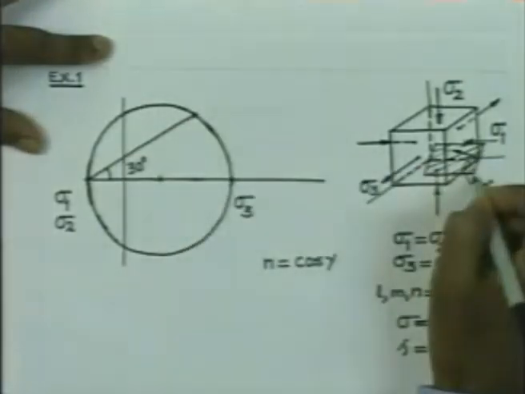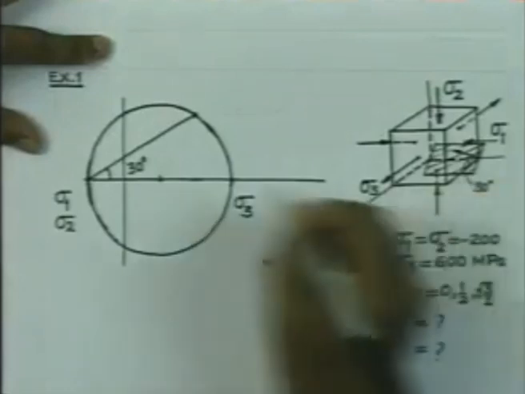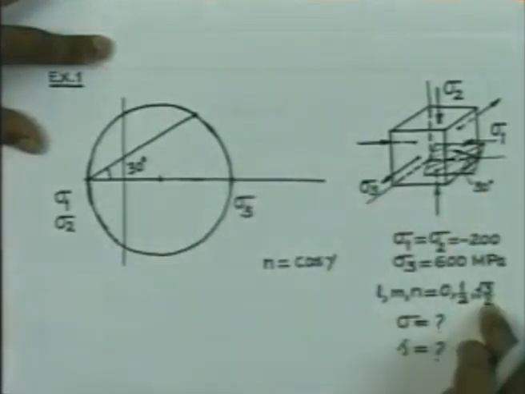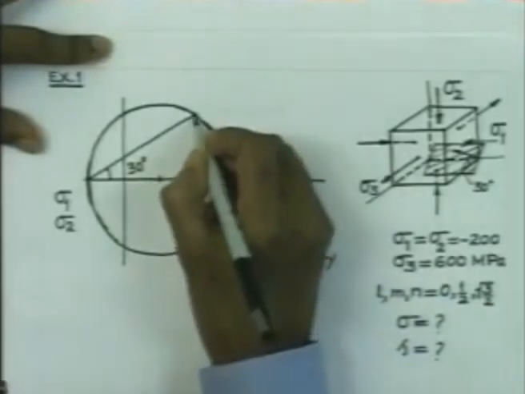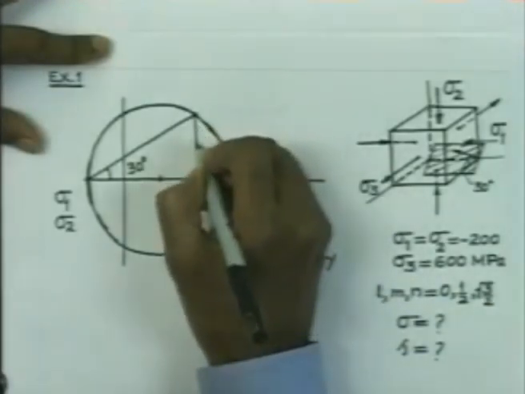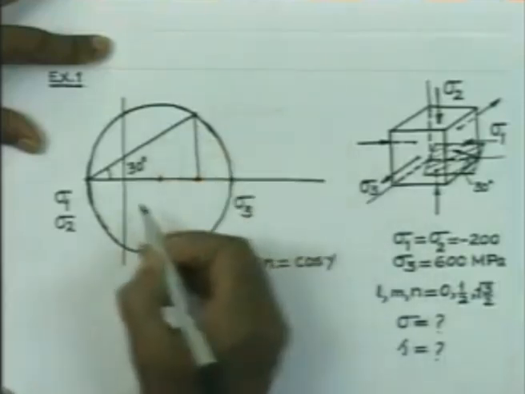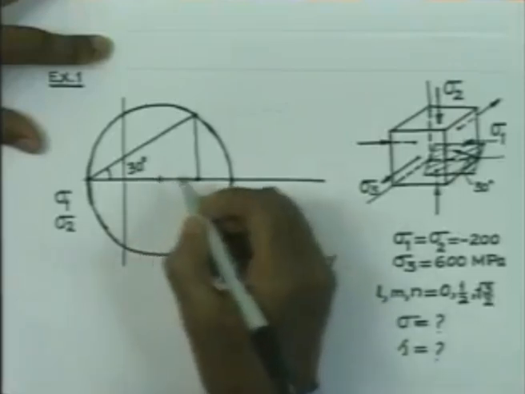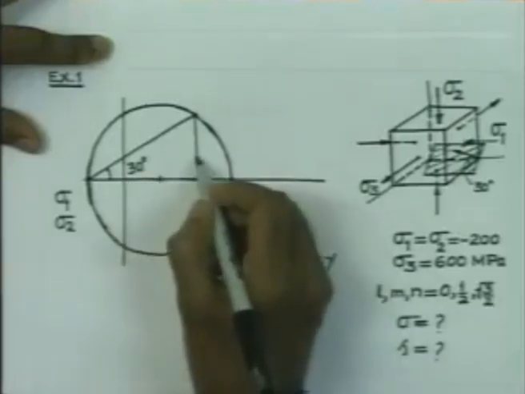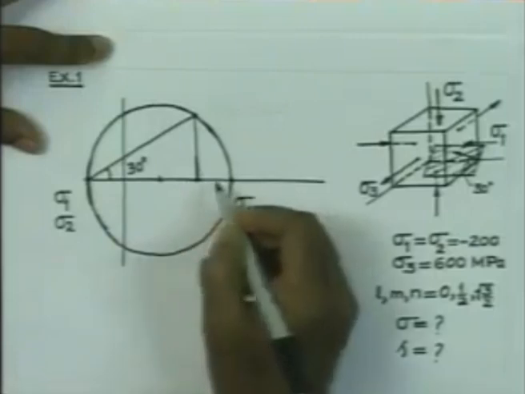This indicates the stress on this plane, which is given by the direction cosines like this, and the normal stress is of this magnitude. Obviously you can calculate this distance, or obtain it from measurement.